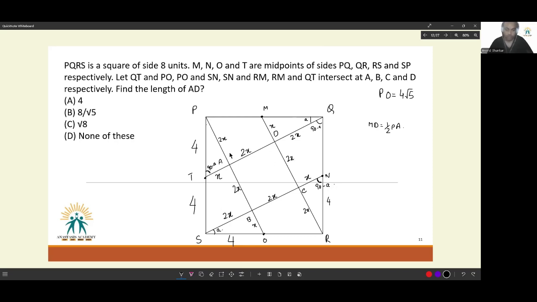And now one wonderful thing I can do: I know PO in entirety is equal to 5x. This is 2x, this is 2x, this is x. This 5x is equal to 4 root 5.